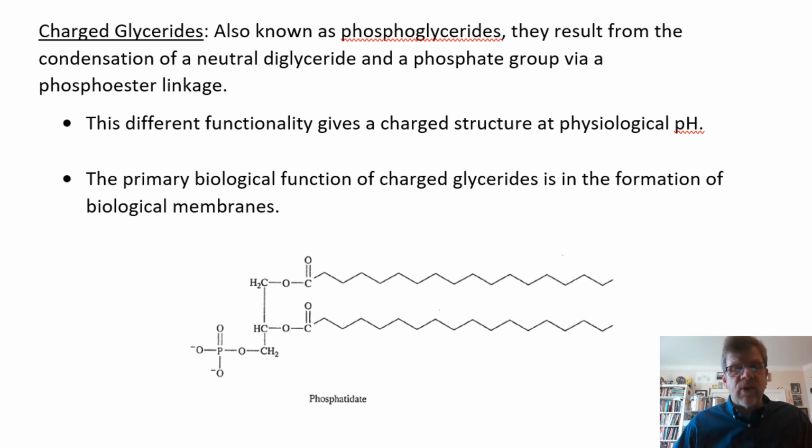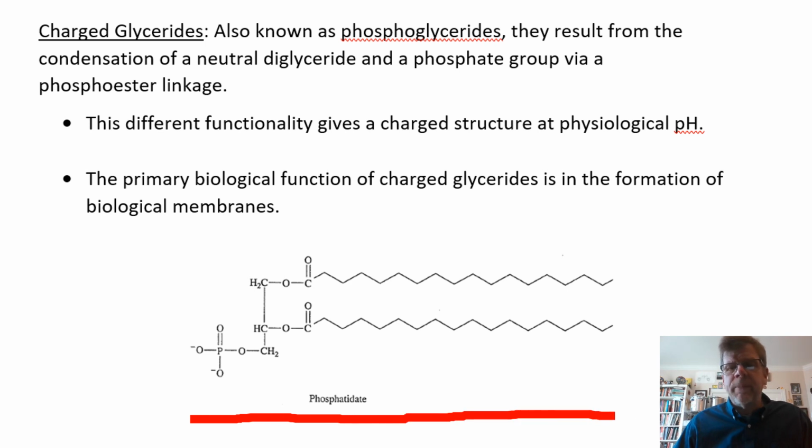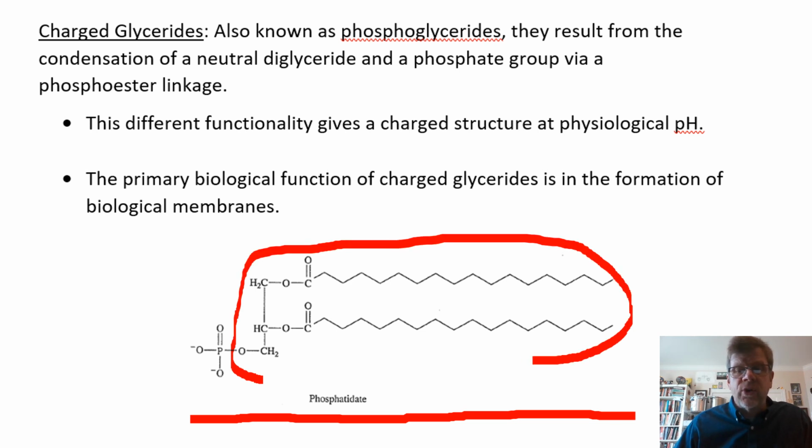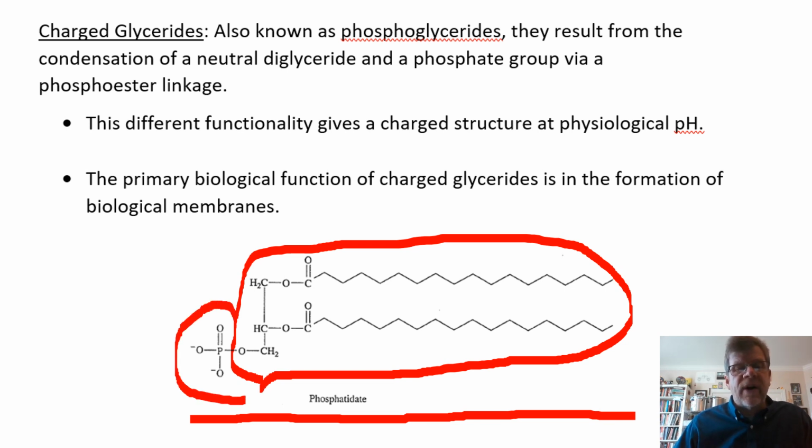And if we look at this right here, it is the basis of a charged glyceride. It is a condensation of our neutral diglyceride. So here is our diglyceride, if you will, because there are 2 fatty acids that are covalently bound to it, and it is covalently bound to a phosphate group. So we're always going with a diglyceride connected to a phosphate group.